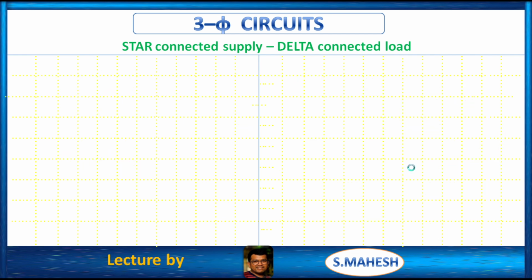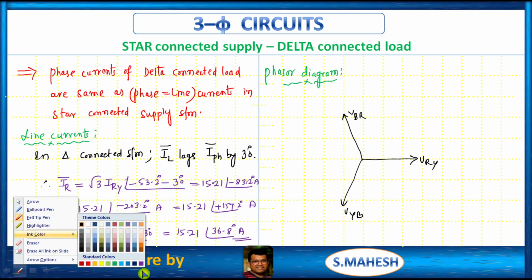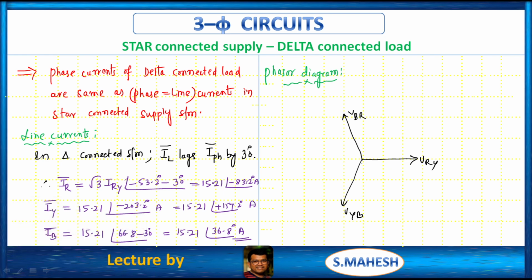This is 90 degrees, 45, approximately. Let us say this is IRY. The angle between these two is nothing but 53.2, that is phi. Then what about IR, which is IRY minus IBR.